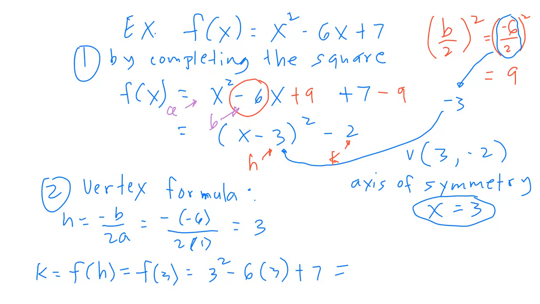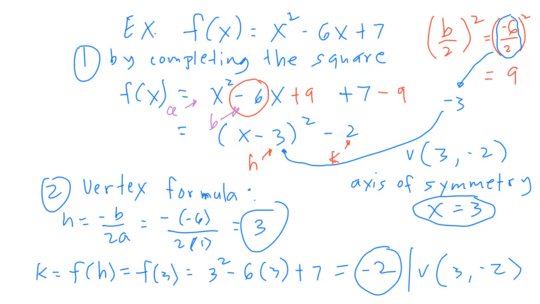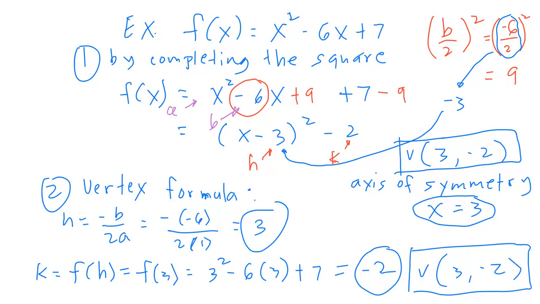Minus 6 times 3, that's 18. So that's a -9. -9 plus 7, that would be a -2. So we have here 3 for h and -2 for k. So our answer would be, the vertex would be at 3, comma, -2. And that's exactly what we have in the other solution. So they are just the same vertex.